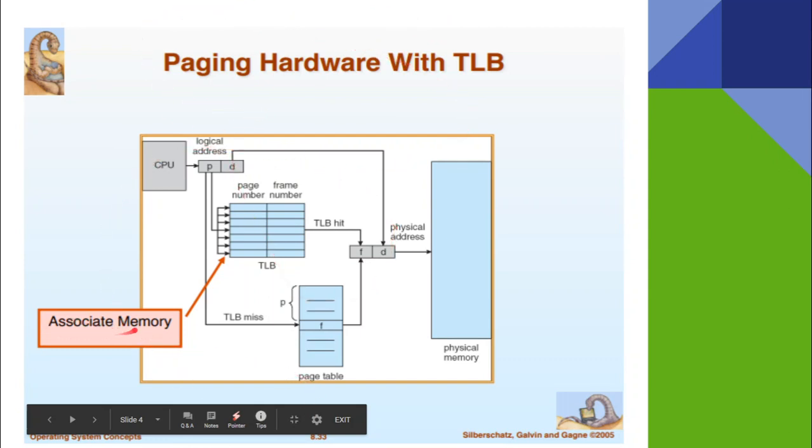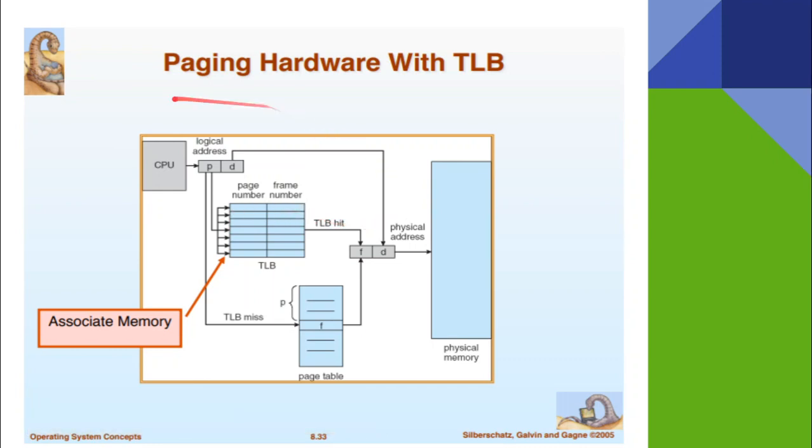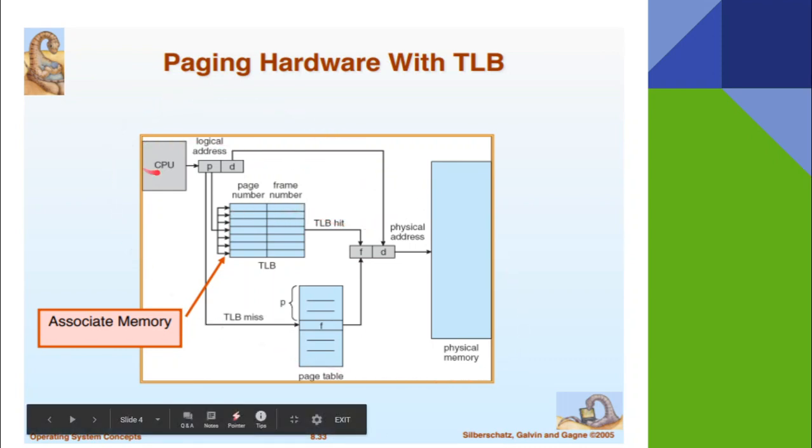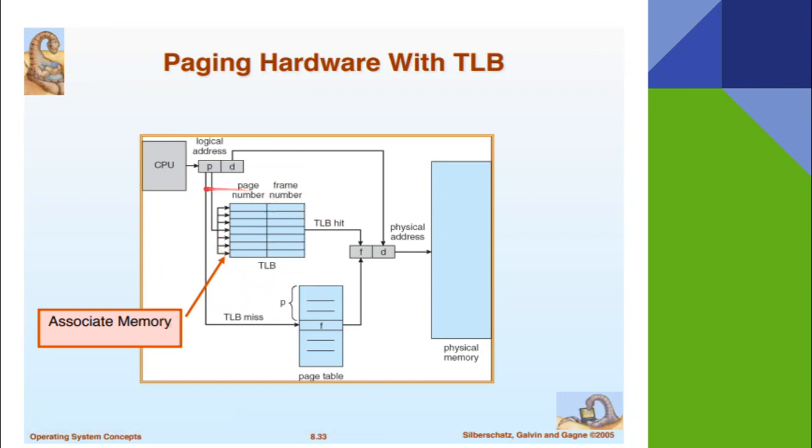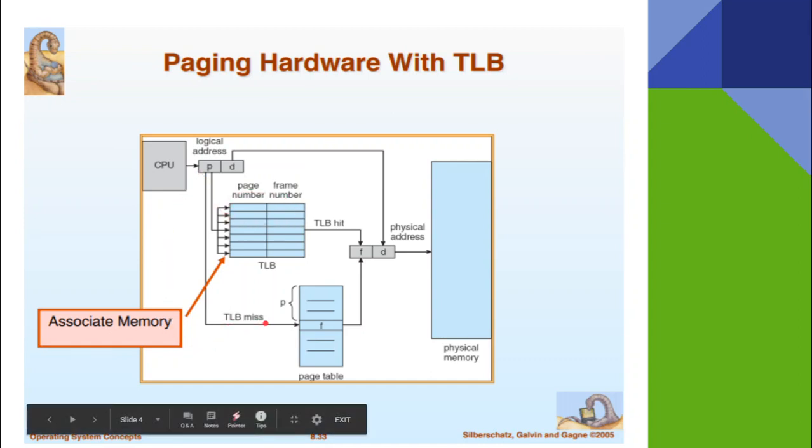It is an associative memory that associates the page number to the frame number. In this diagram we have seen earlier how to convert the logical address to the physical address. It is a mapping process, but here one more component is included, which is the associative memory. This will have a mapping between the page number and the frame number, and here we have two more things called TLB miss and TLB hit.